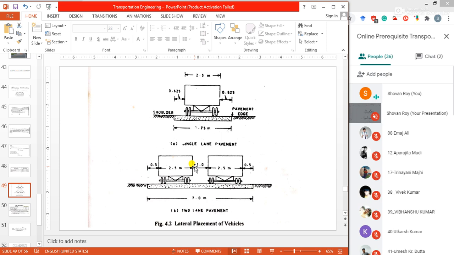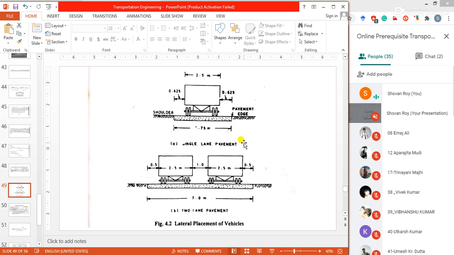So, the width of the pavement or carriageway depends on the vehicle width. Vehicle width is one important factor, and the clearance. Only vehicle width is not enough. Along with vehicle width, the clearance from the vehicle is also important to determine the width of the pavement.